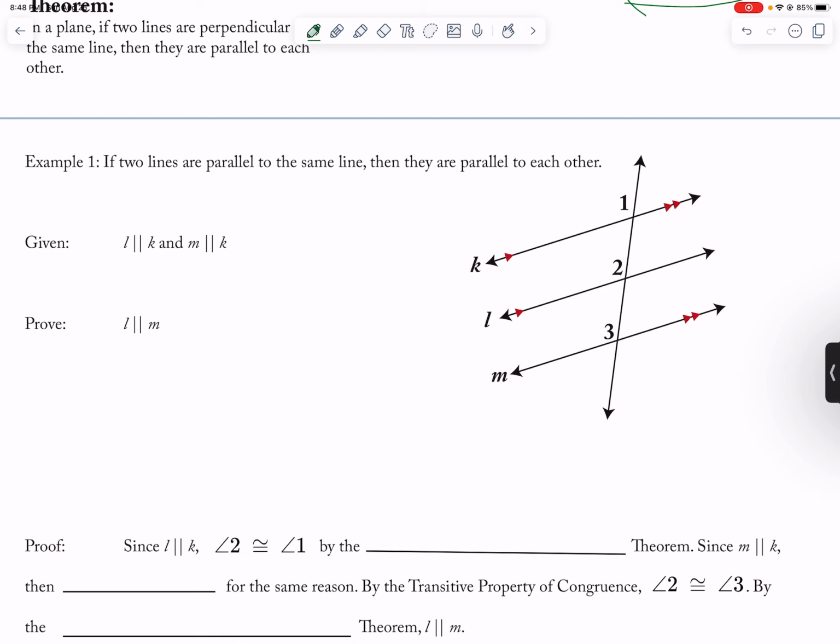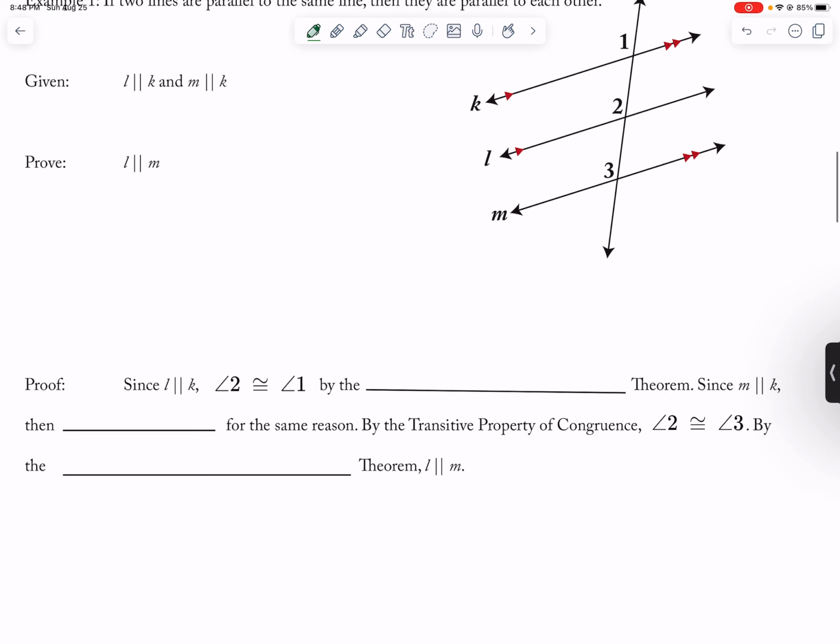Okay, so here's my example one. This is a paragraph proof. Since L is parallel to K, then angles 1 and 2 are congruent by the corresponding angles theorem. And then since M is parallel to K, angle 1 is congruent to angle 3.